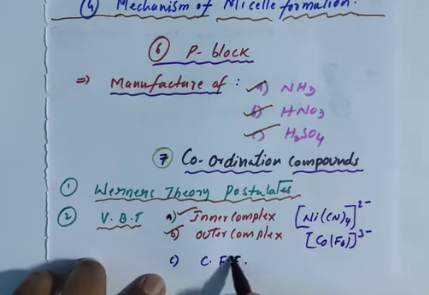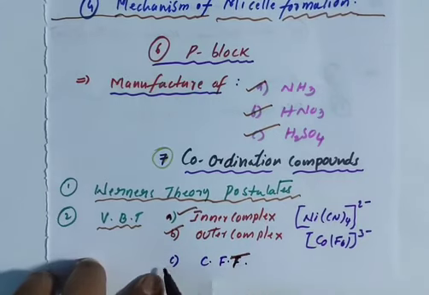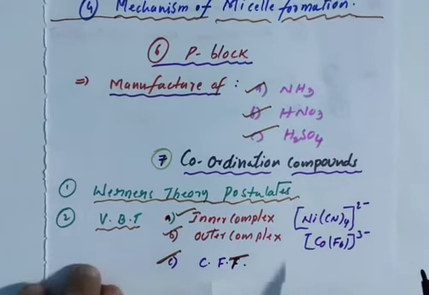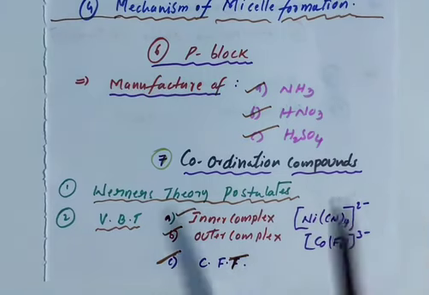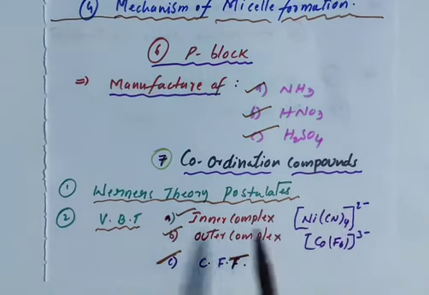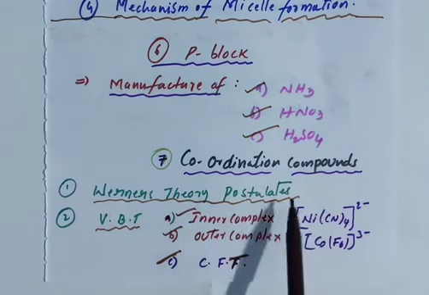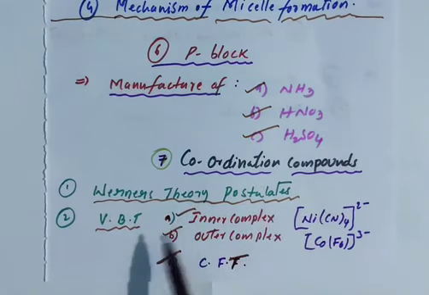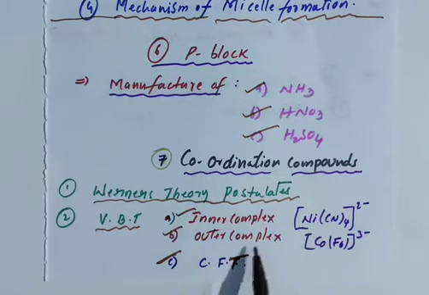Another strong area is CFT, crystal field theory. This is also one of the most important areas. So in coordination compounds you have three strong areas. One is Werner's theory, the second is valence bond theory, where you have to learn two concepts, inner complex and outer complex. Another area is crystal field theory.